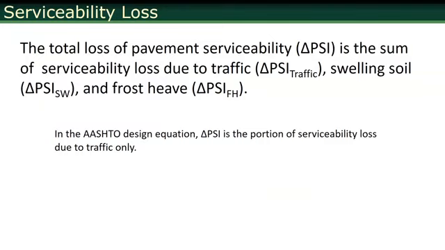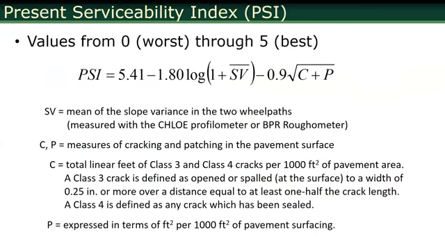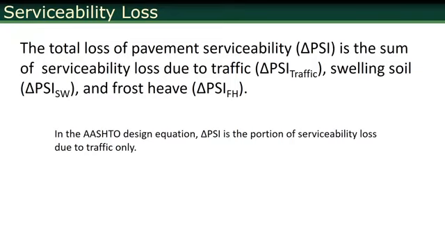So the total loss of permanent serviceability in AASHTO, if there is a swelling problem or frost heave problem, needs to be added here. Because delta PSI from traffic is not sufficient, there's a procedure in the AASHTO 93 design guide to calculate delta PSI because of swelling.